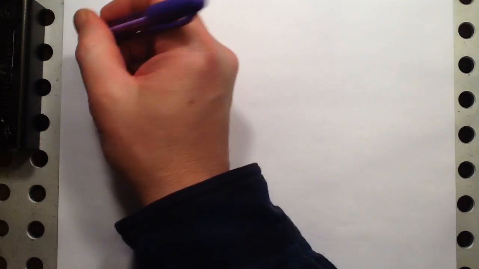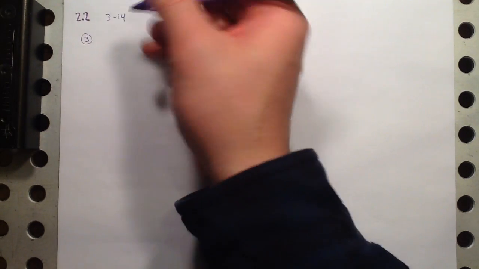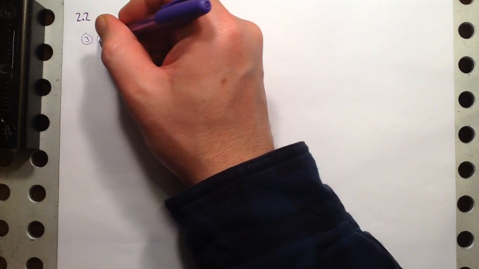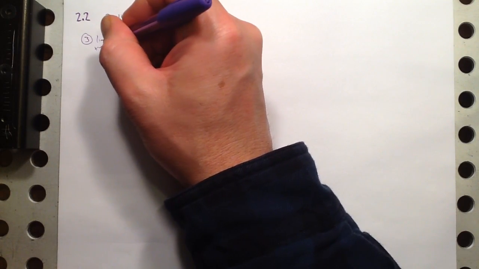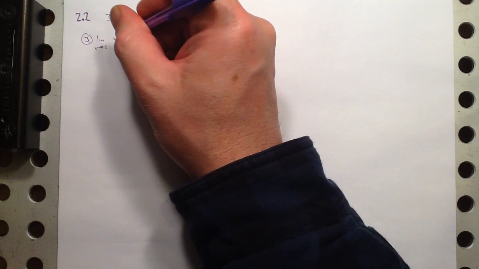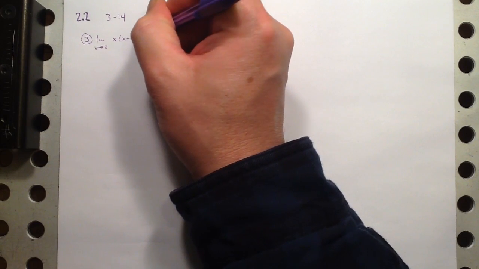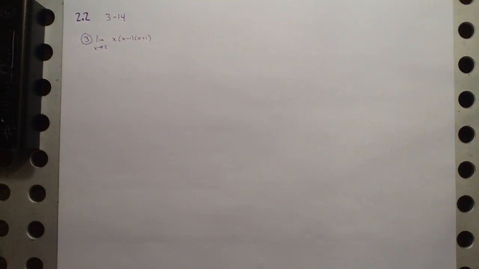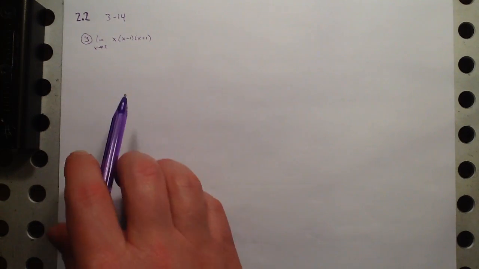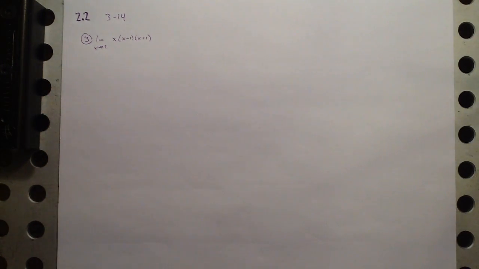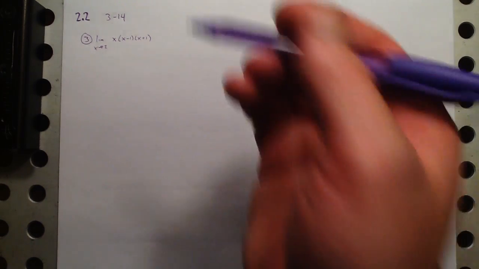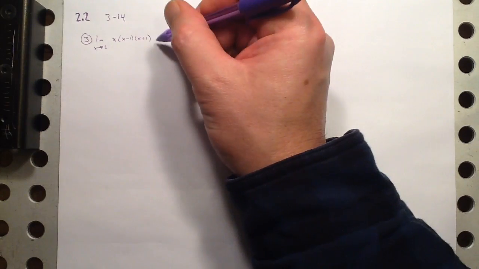Anyway, number 3. We're interested in finding the limit as x approaches 2 of x times (x minus 1) times (x plus 1). The first thing to say is there's no chance that this is going to be an indeterminate form because there's no denominator. So all I have to do is plug in 2 here.